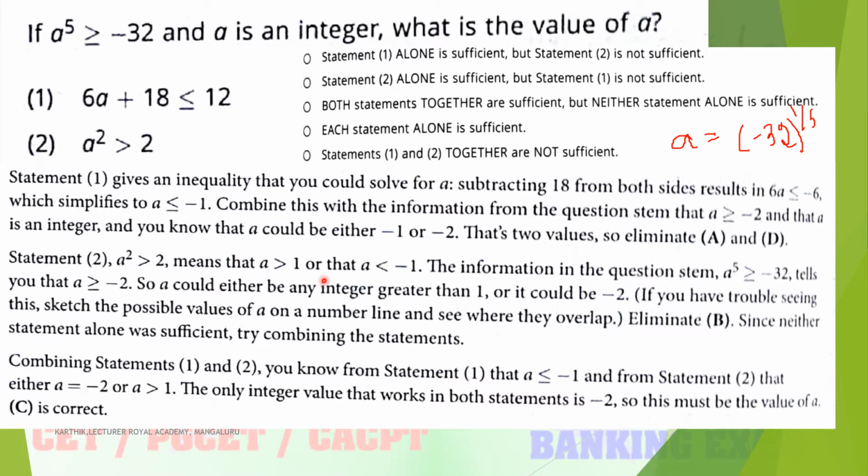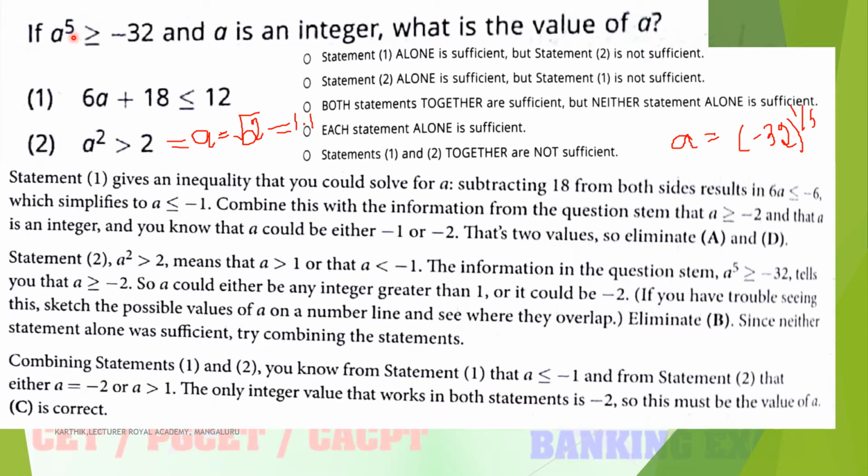Square root of 2 is around 1.something, around 1.1 something. So consider a as 1 from the second statement.